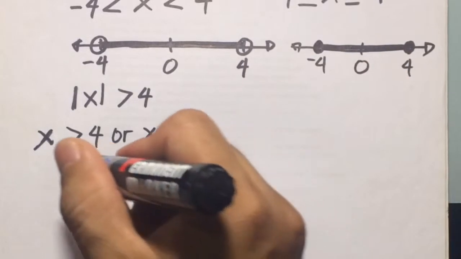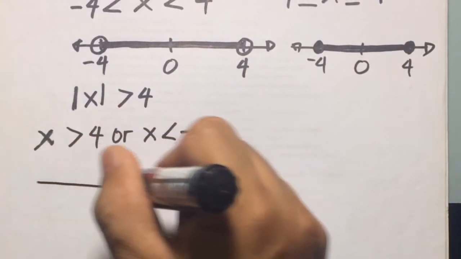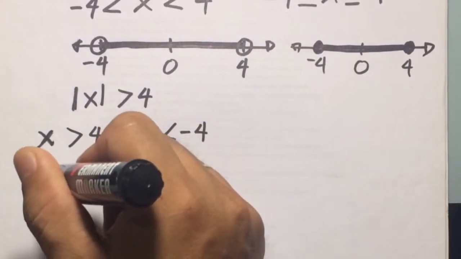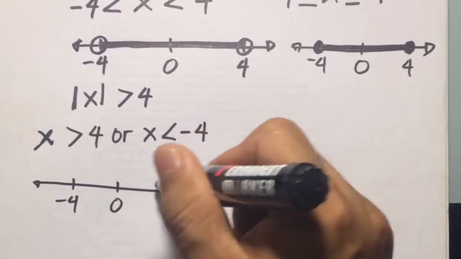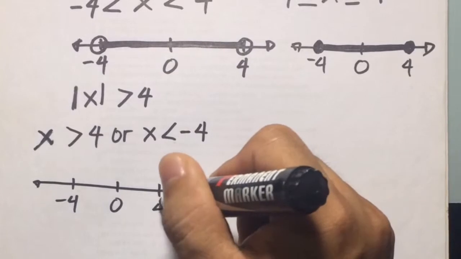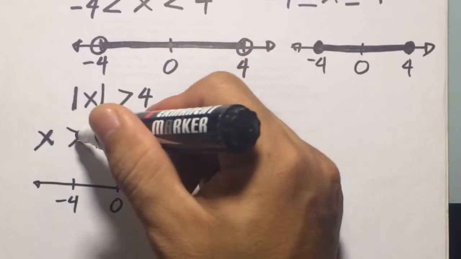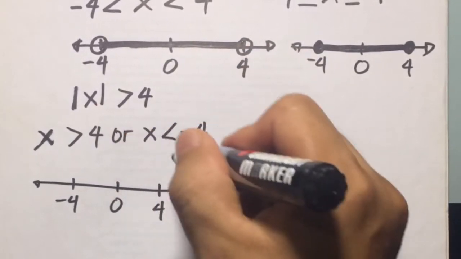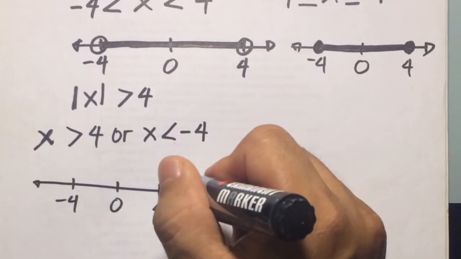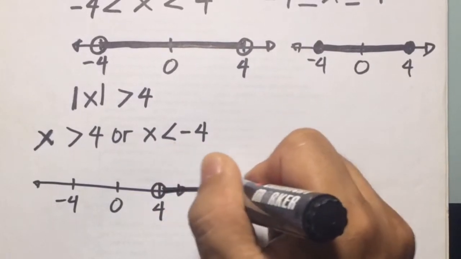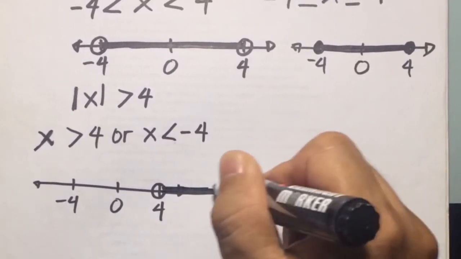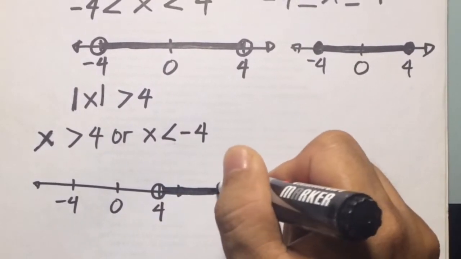Now, if we're going to have that one in a number line, so this is negative 4 here, 0, 4. So the solution will be x greater than 4, so 4 is not included here. So we're going to have a hollow circle, then proceed to draw an arrow towards the right.